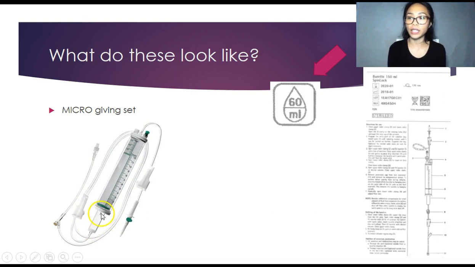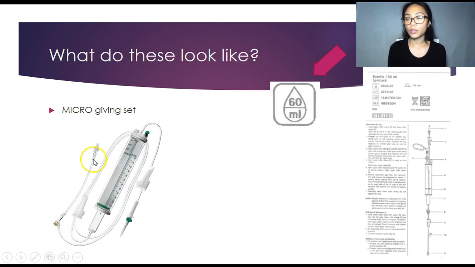You see this grey line here, that's where those drops will be dripping, so that you can see how fast or slow the infusion is going. That line will need to be primed in that it should be filled with fluid slowly by releasing the roller clamp. There is this funny little port here, and you can find this on many different giving sets, and that allows you to do an IV injection of a medication.